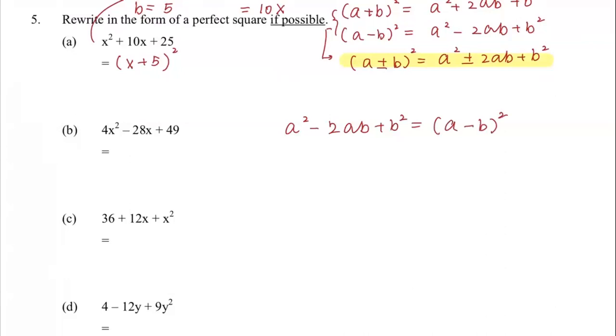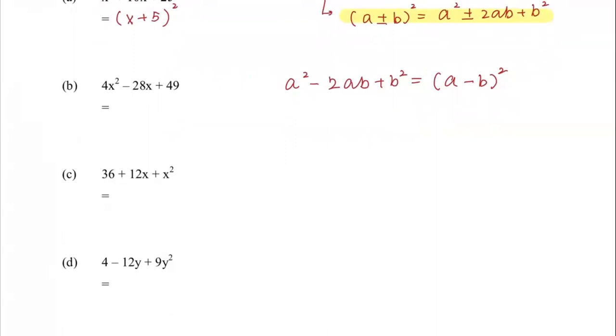Remember that a and b here can be single terms, polynomials, fractions, etc. They can be anything. Let's compare the terms and see if this expression is of the same form as this. In the formula, we have a squared, so this is our first term.